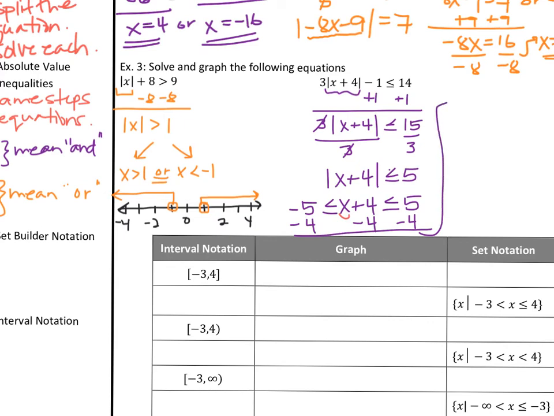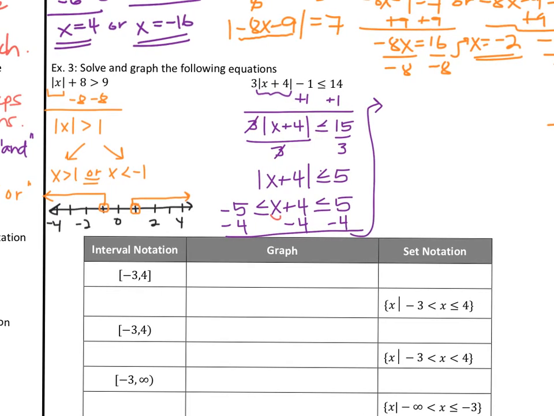Simplifying all 3 sections for this compound inequality is going to require us to have a little bit more space over here. We're good to go now. Negative 5 minus 4 on the left-hand boundary is negative 9. Now x is in the middle by itself. And then on the right, 5 minus 4 is 1.